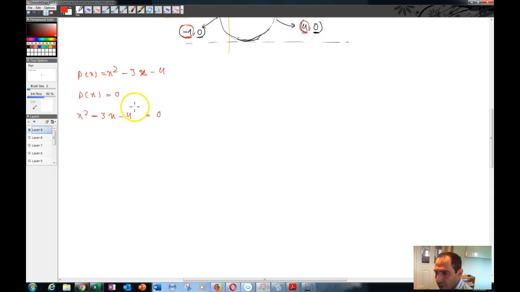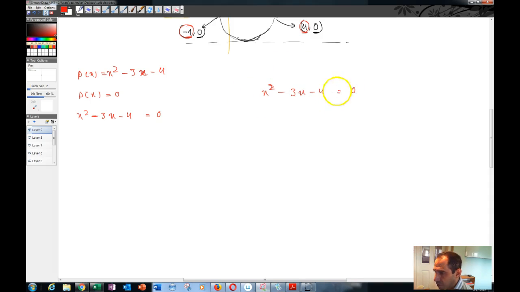Now you have a simple equation to solve: x squared minus 3x minus 4 is equal to 0. In order to solve this equation, you need to factorize the second degree polynomial. And you know how to factorize these kinds of equations. Let's say that you have x squared minus 3x minus 4 is equal to 0.